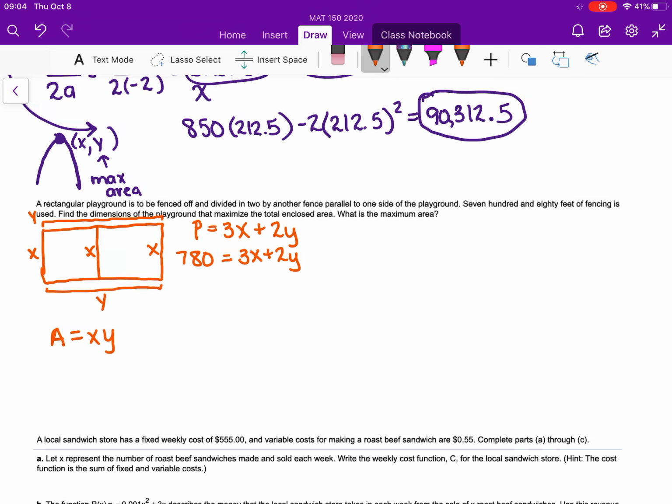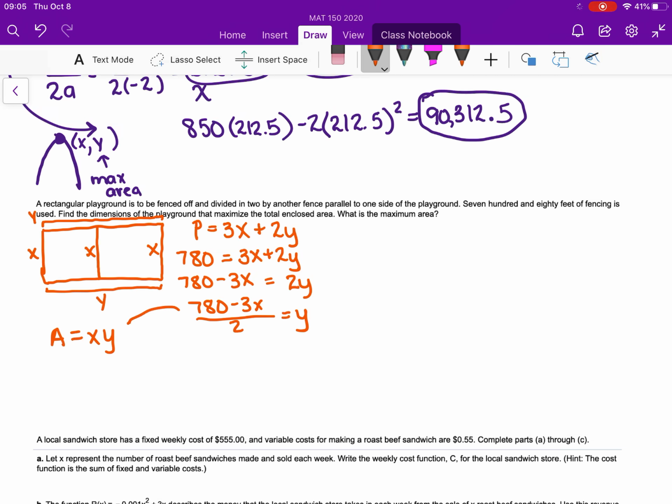Recall your Algebra 1 skills of isolating a variable so that you can then substitute it back in. So here's what I mean. If I were to get y by itself here, I could have 780 minus 3x equals 2y. Then I divide that by 2 to get y by itself. Well, why would I ever do that?